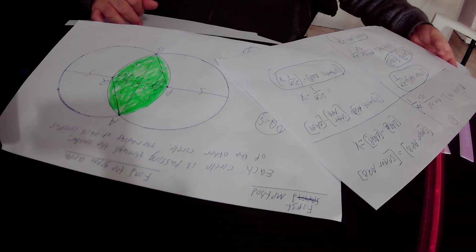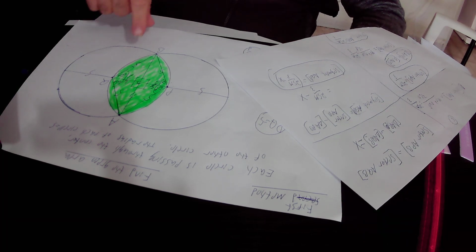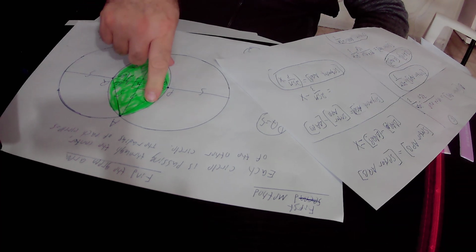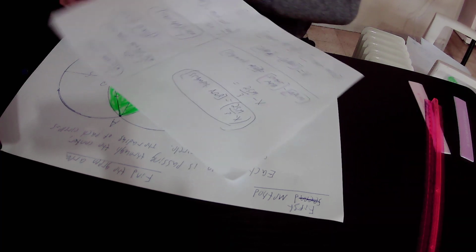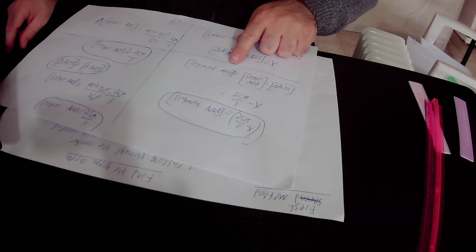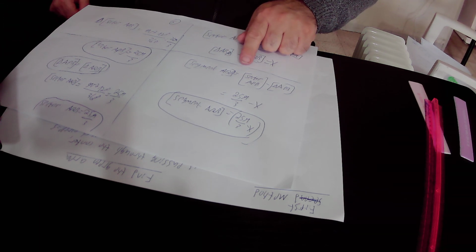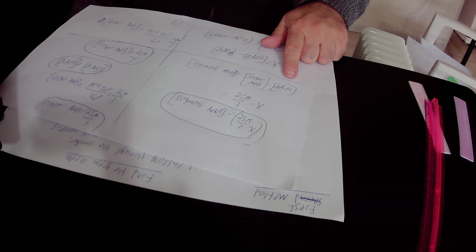What is the area of segment AQB? The area of segment AQB, this segment, will be equal to the area of sector APB minus the area of triangle APB.